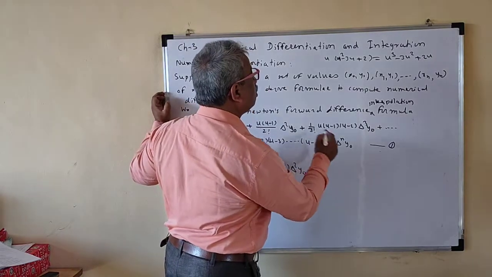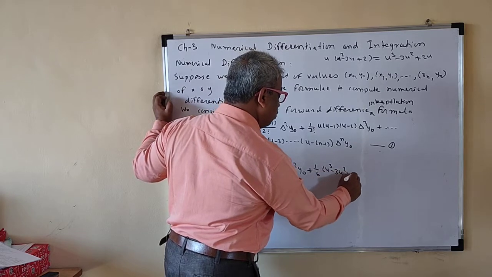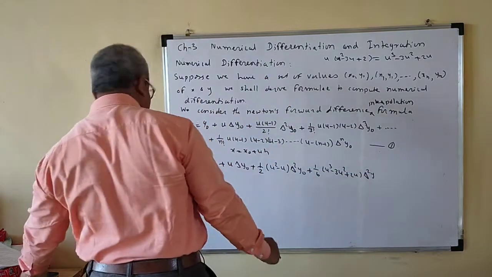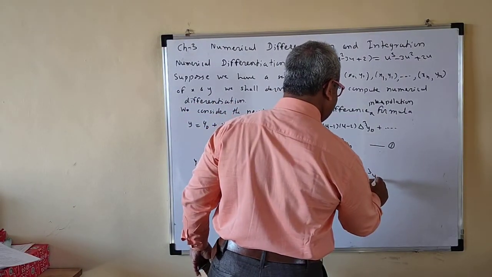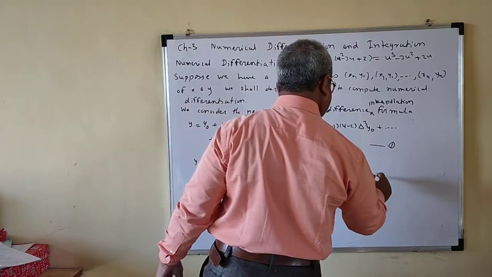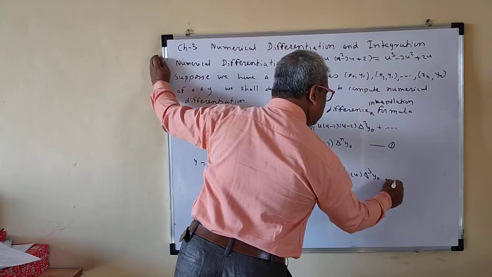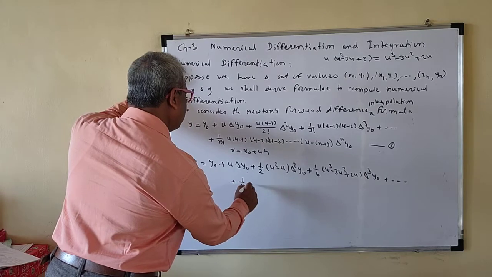This is u cube minus 3u square plus twice u, del square, del cube y naught, plus dot dot, plus 1 upon n factorial.